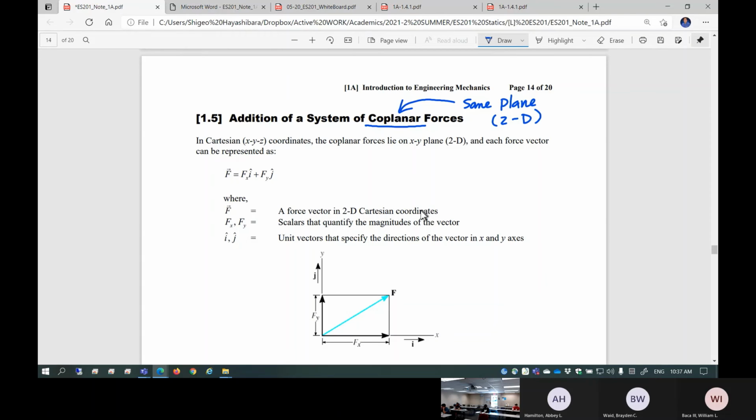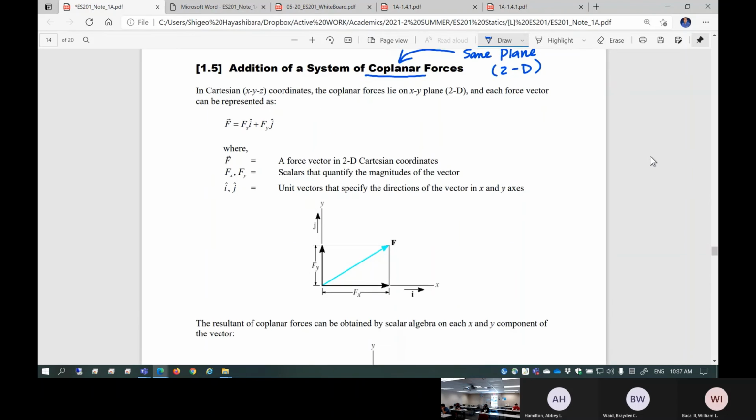If it's Cartesian coordinates x, y, and z, you're looking at the xy plane, 2D. So every force is lying on the same plane. This makes your life much easier than taking care of three-dimensional forces. Of course, you have to deal with three-dimensional force systems later, but you have to deal with 2D first. So let's take a look at coplanar forces.